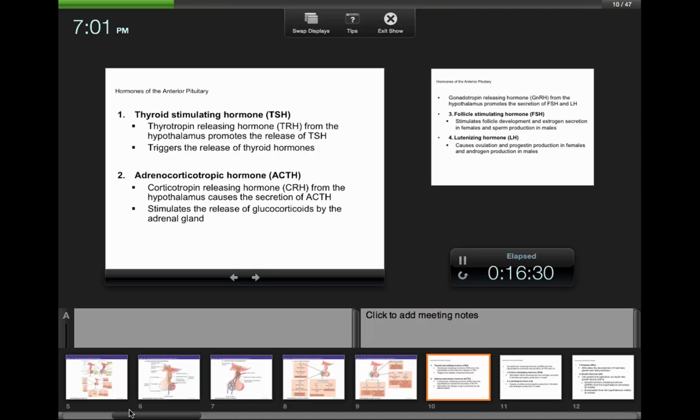So pituitary dwarfism is when you have a lack of growth hormone. Gigantism is when you have an excess of growth hormone before puberty or right at puberty. Acromegaly is when you have an excess of growth hormone after puberty.